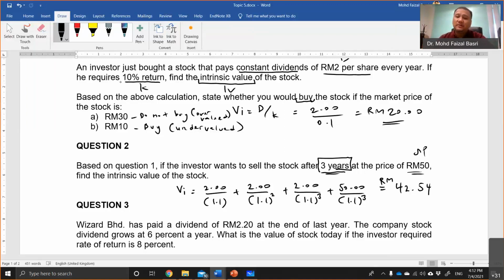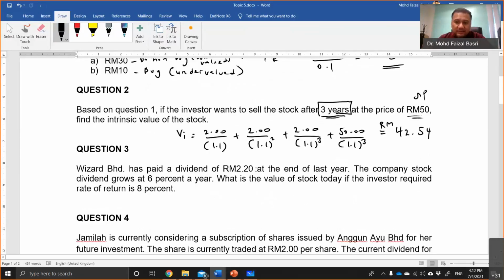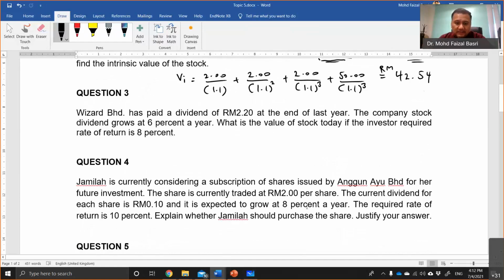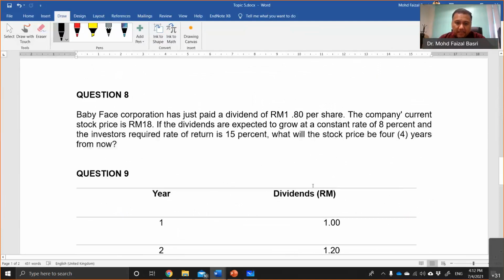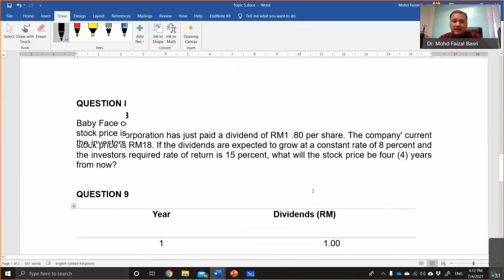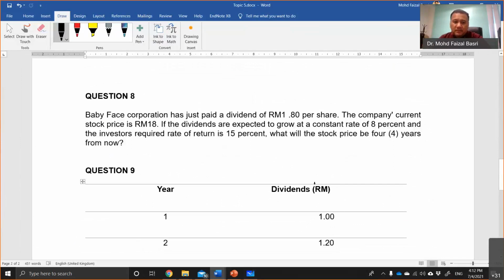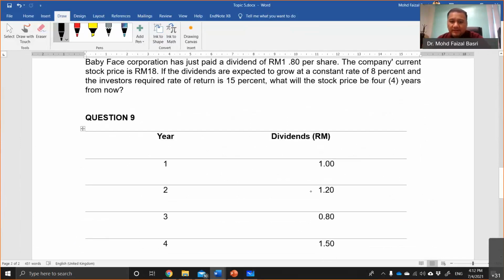For the inconstant model, the formula is the same, but the only difference is your values of D will be different every year. Let's see if there is a question with inconstant. Question number 9 here. We have 4 years of dividend: 1 ringgit, 120, 80 cents, and 150.